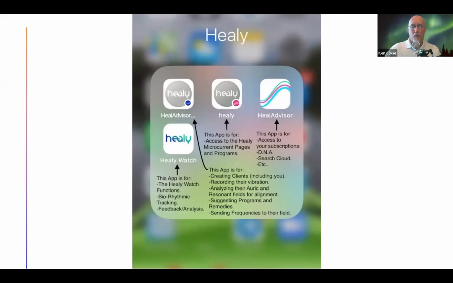This talks about what they all do. Primarily today, if you notice the word HealAdvisor underneath that Healy blue dot, that's the one we're working with today. That's going to be your visual icon, your visual aid when you're looking for things.